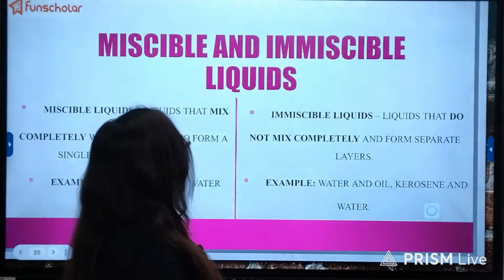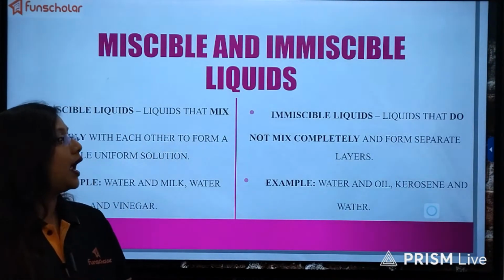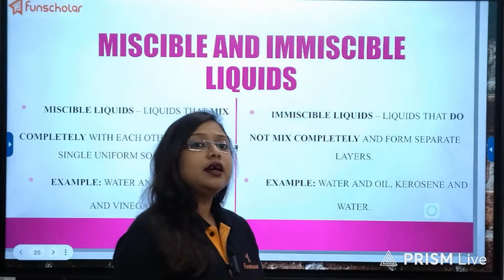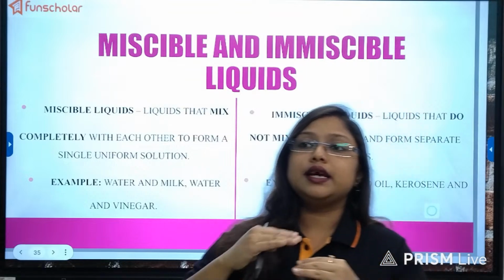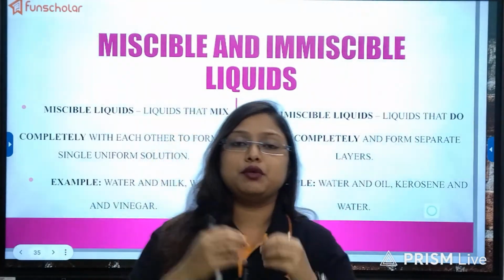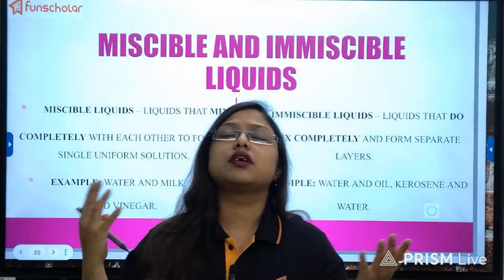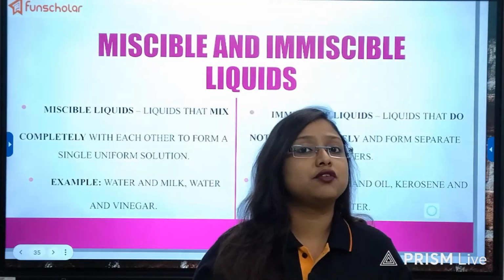Okay, next is immiscible liquid. Liquids that do not mix completely and form separate layers. Like there are two kinds of liquid, and if we mix them together, there are two layers. Let's name them: the first one is water and the second one is oil.